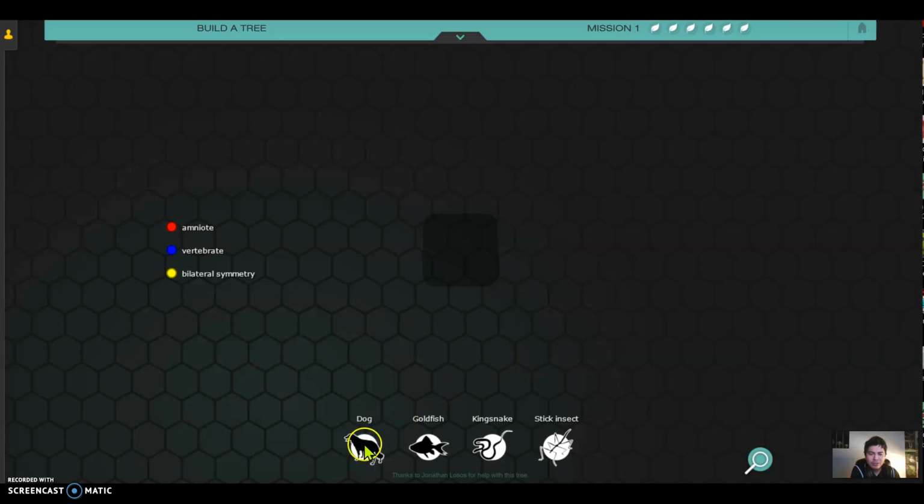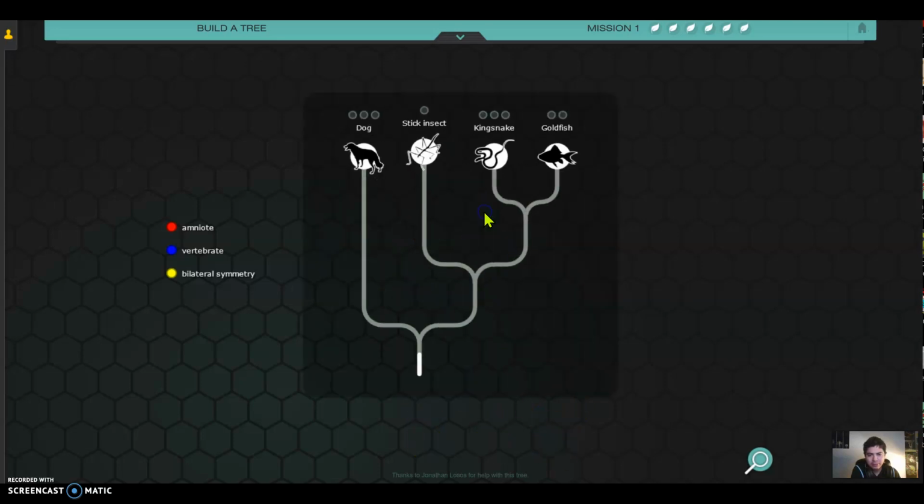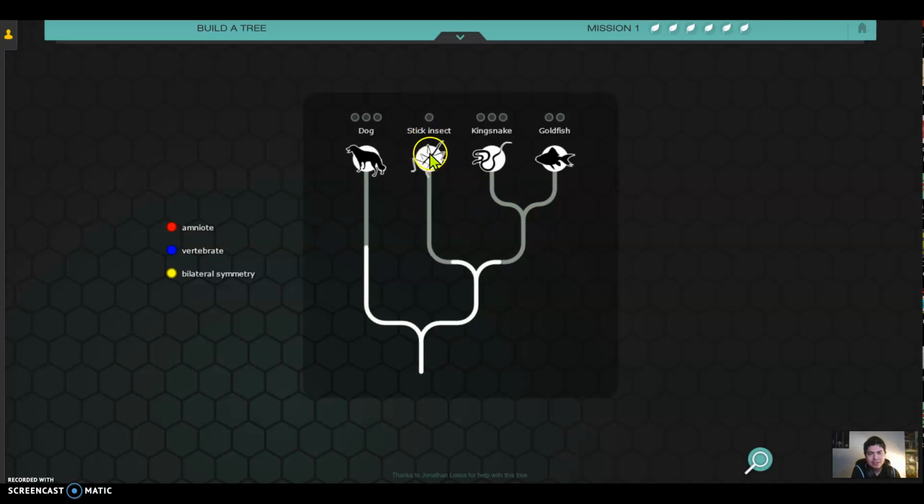So the first thing you should do is click and drag these to this darker shaded area. The order does not matter at first, but what you'll notice is that the stick insect shares only one characteristic with the rest of these organisms. I'll repeat that one more time: it only shares one characteristic with these other organisms.